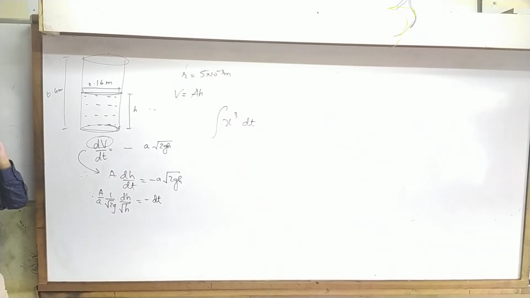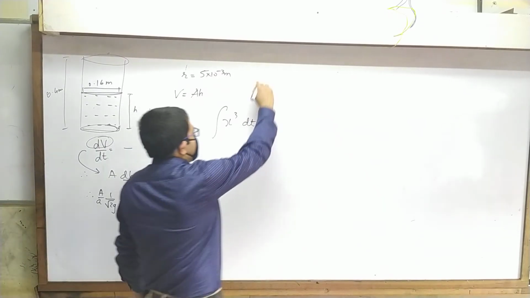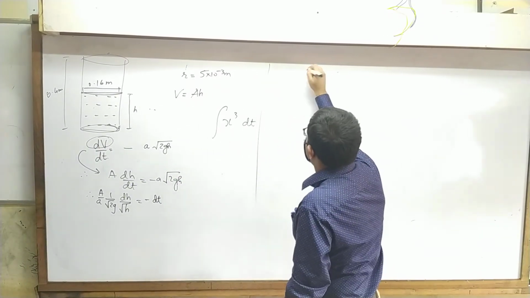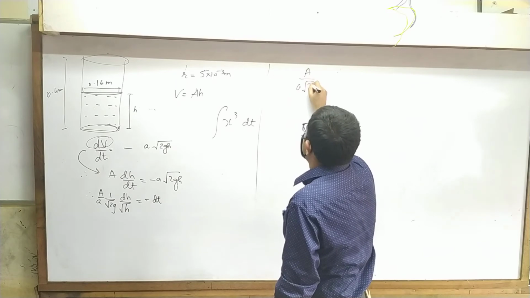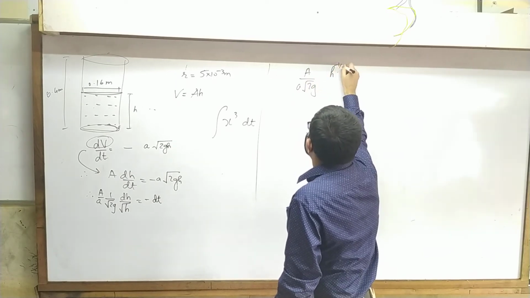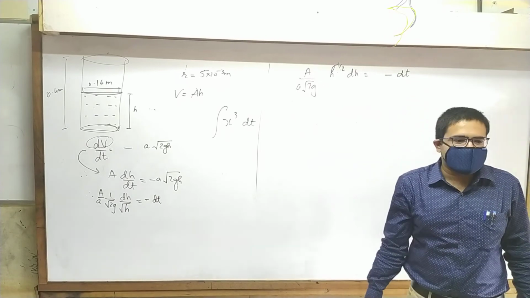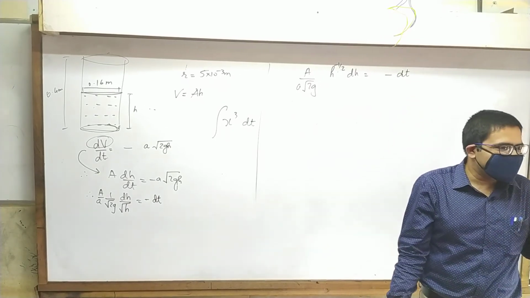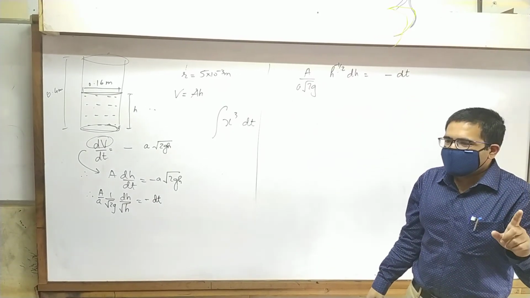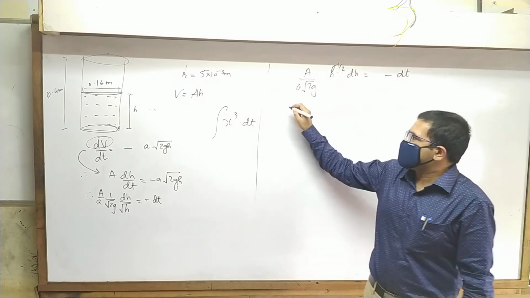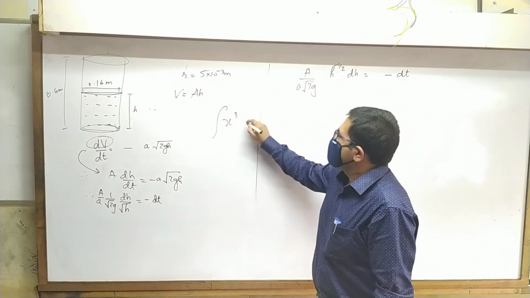Now we are going to do integration. You are all math students, I don't think you have any problem. I could always write this in this form. Yes or no? h raised to minus half is 1 upon root h. Is it? Yes. Sure? Yes. Now we are doing integration. Do you remember the integration rule?